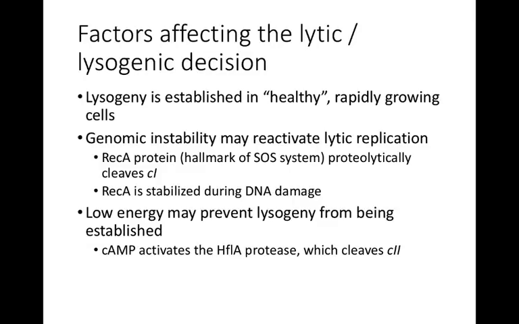First, to establish lysogeny, the cell has to have a lot of energy present. Low amounts of energy will actually prevent lysogeny from being established in the first place. So some of you may remember ATP is the primary quote-unquote energy currency of a cell.